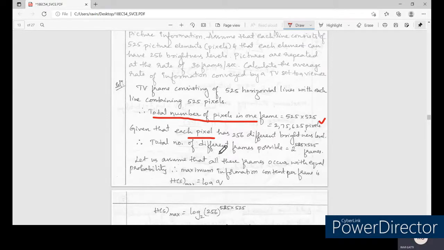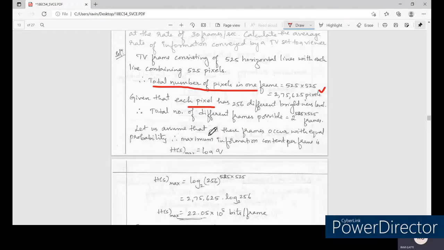Therefore the total number of different frames possible will be 2 to the power of the brightness levels. Why are we considering 2? Because it is a black and white TV, with only 2 possibilities. So therefore 2 to the power of 255 into 255 frames you will get.